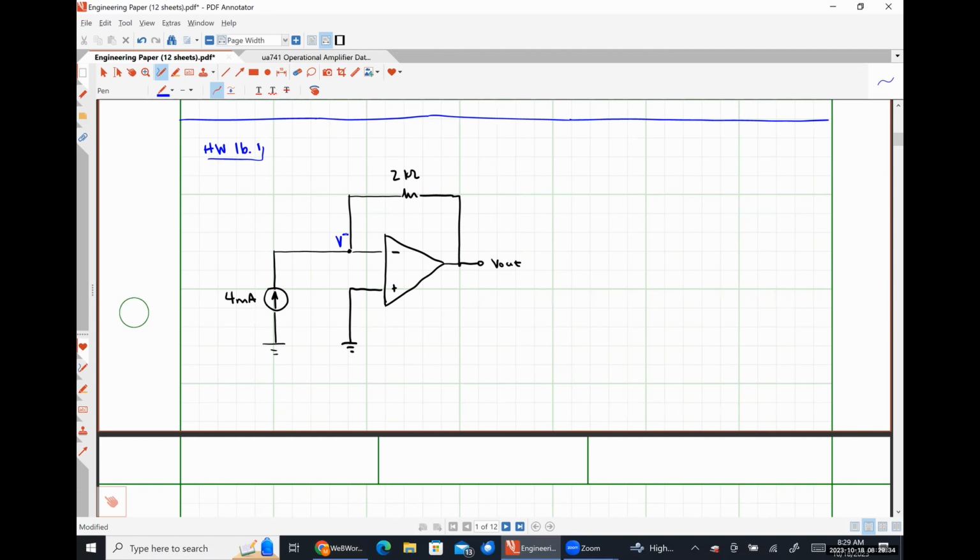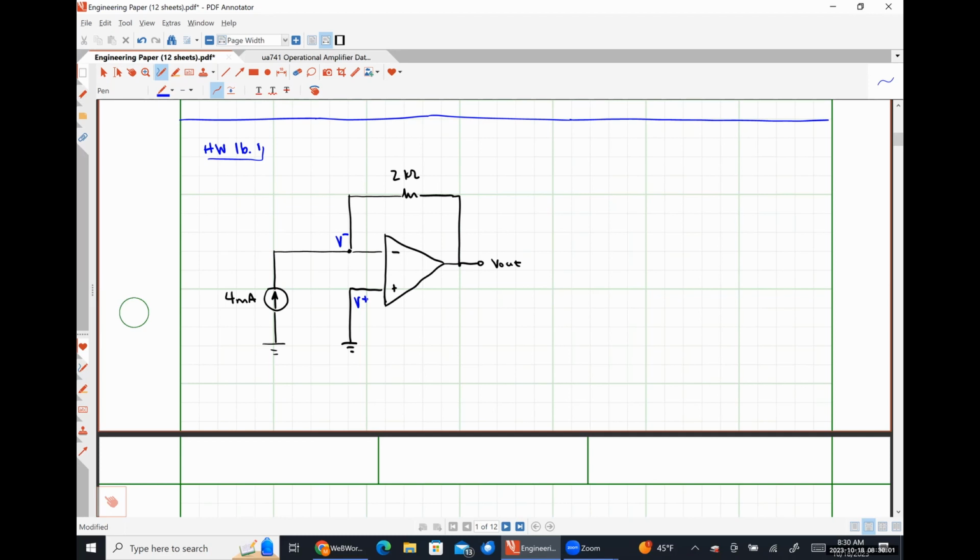So this is a nodal voltage because it is measured with respect to ground. Similarly, the voltage here, V plus, is the voltage at the non-inverting input terminal, and it is also a nodal voltage because it is measured with respect to ground. All of the voltages that we're going to deal with in an op-amp circuit are going to be nodal voltages, okay?